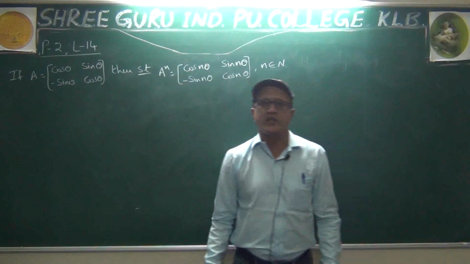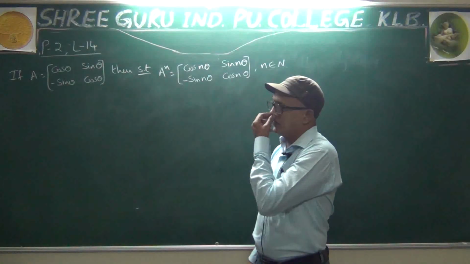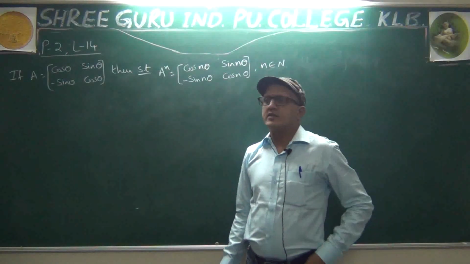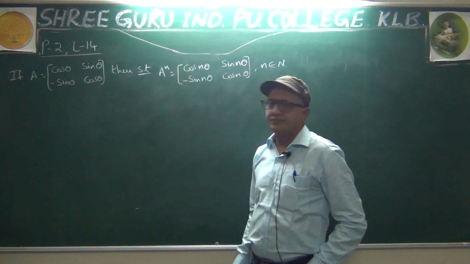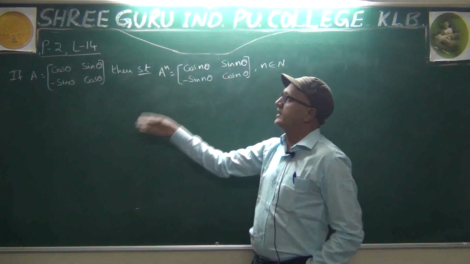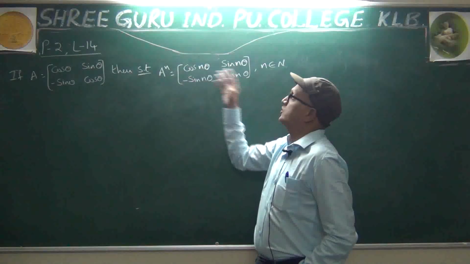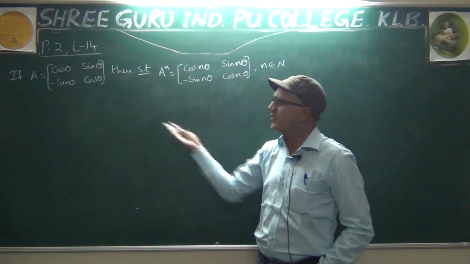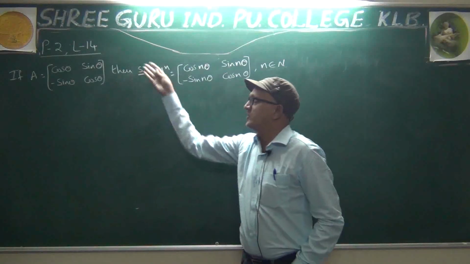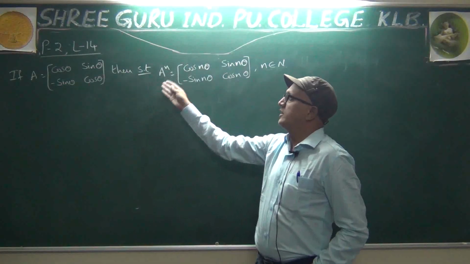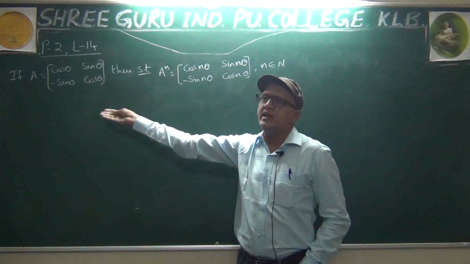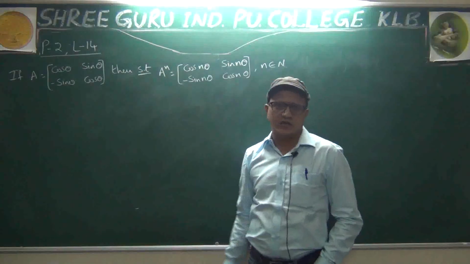This type of question we have to prove by using mathematical induction. Sir, how should we come to know? If capital A equal to this, prove that A square equal to something: A square means A into A. If A equal to this, show that A cube equal to something: first find A square, then find A cube.